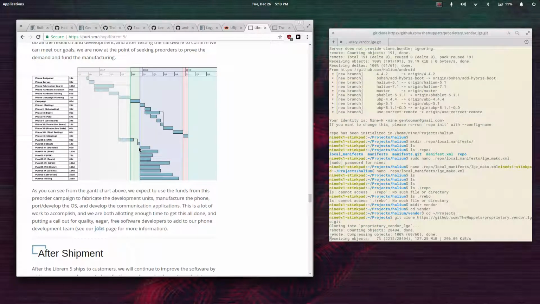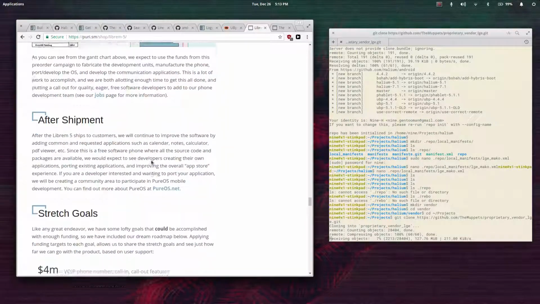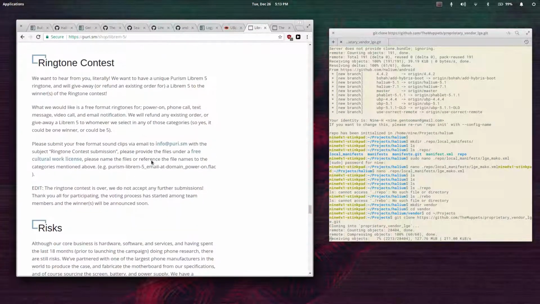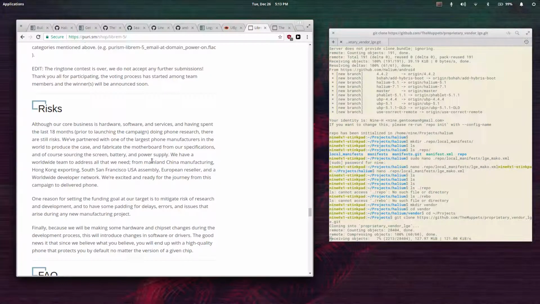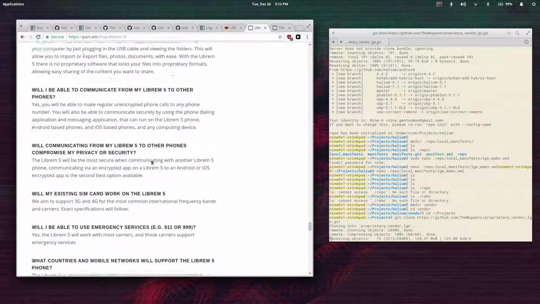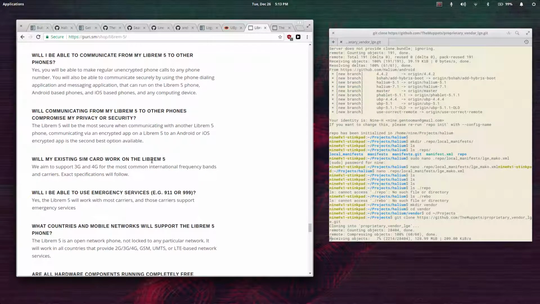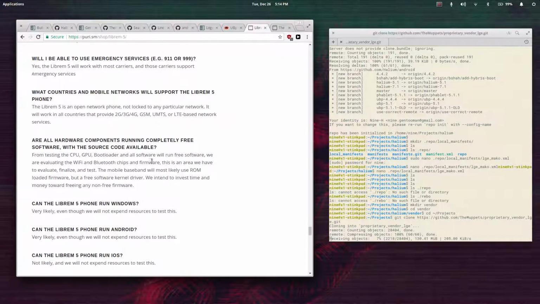Yeah, so the PureOS stuff isn't even going to happen for a while. Which kind of sucks.